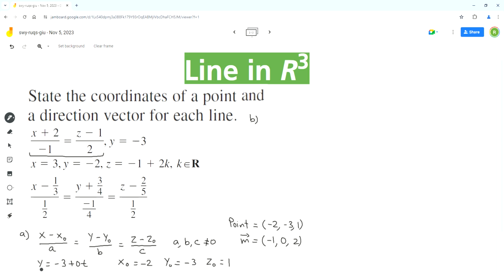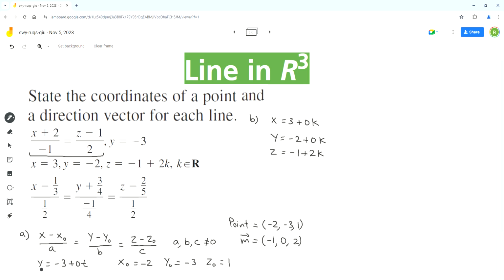We can rewrite the x, y and z equations as... so these are the parametric equations for the second line.